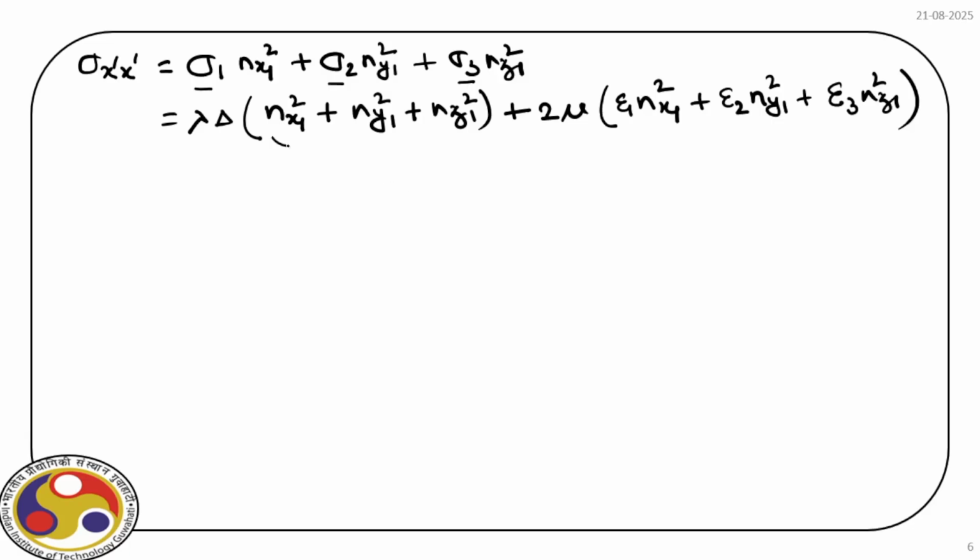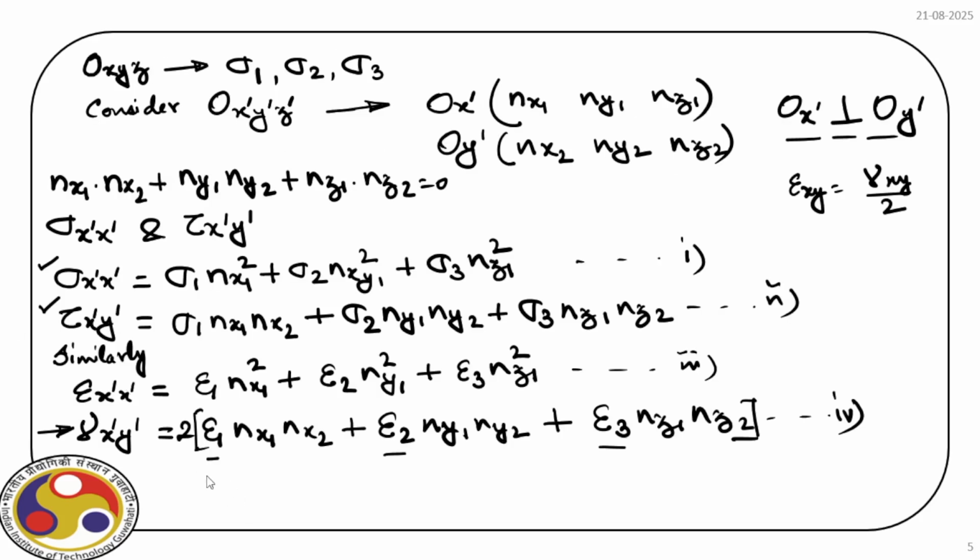You can recall the property of direction cosines, so this is equal to 1, right? And also this expression you can easily identify. Okay, we just now derived the expression which is here, in equation 3.